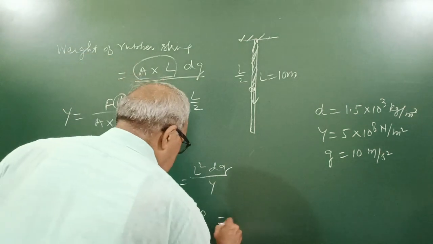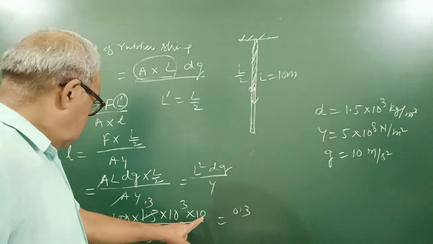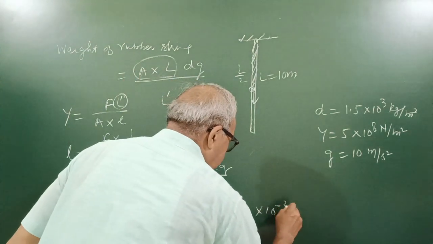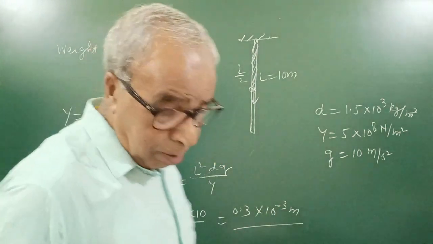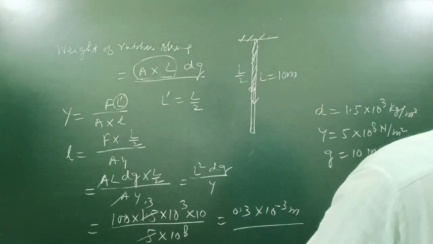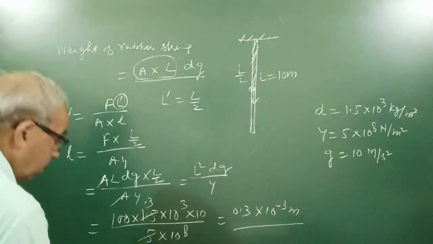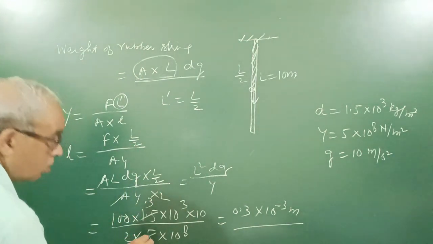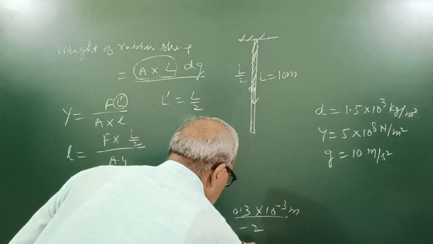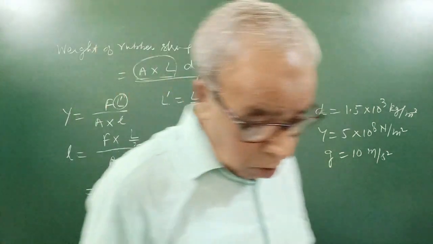So it is 0.3. 100,000, 10 to the power 5 upon 10 to the power 8, 10 to the power minus 3 meter, that is 0.3 millimeter. Yes, it is 0.3. Yes, wrong. What is wrong? Yes, I left this 2. Sorry, it should be divided by 2. So it is 0.15 into 10 to the power minus 3 meter.